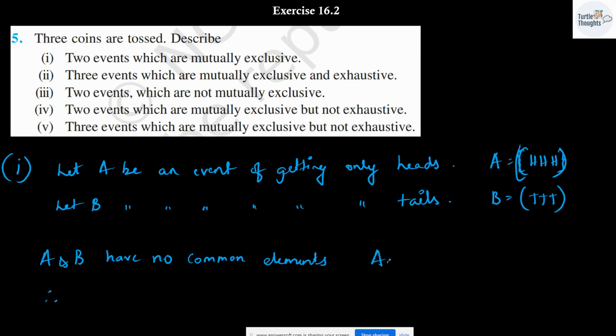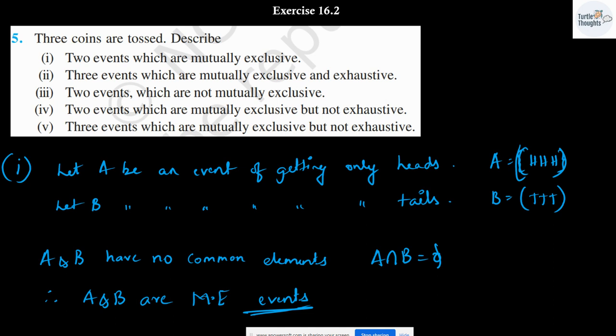Therefore, I can write mathematically A intersection B is a null set. Therefore, A and B are mutually exclusive events. I have written down one event. Similarly, you can find out the other event also.